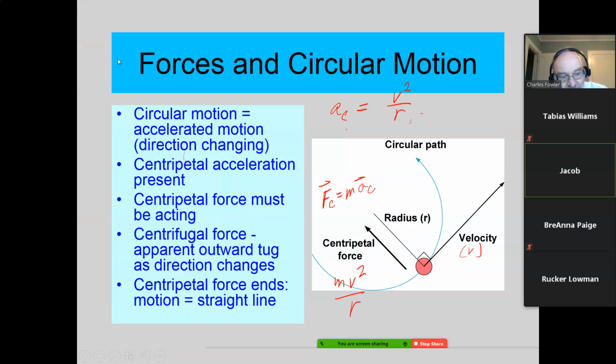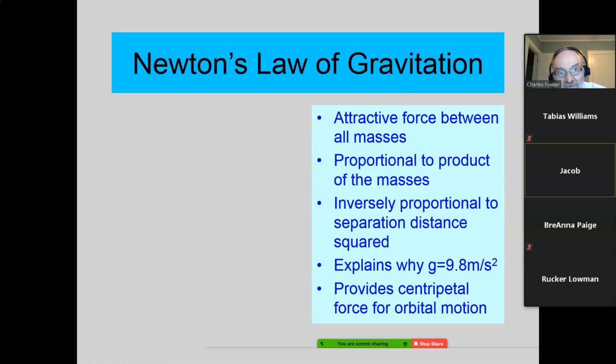Okay, so that was forces in circular motion. Now let's move to Newton's law of gravitation. I think I said it wrong before. This is what today's lab is going to be, Newton's law of gravitation. Before this, everybody knew that things fell to the ground, but they didn't know why.